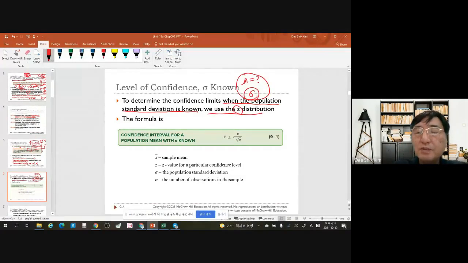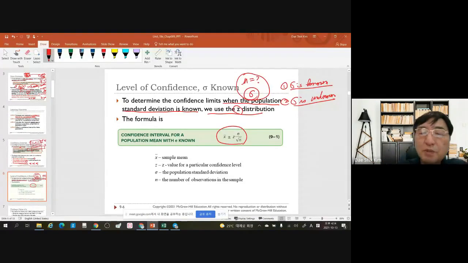When mu is unknown, there are two cases: one is when sigma is known, the second is when sigma is unknown. The first case, when sigma is known, we will use the normal distribution table.